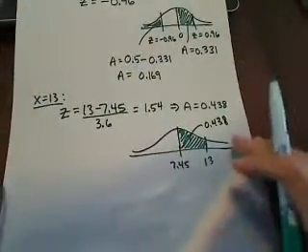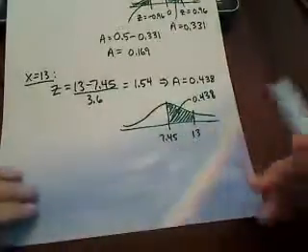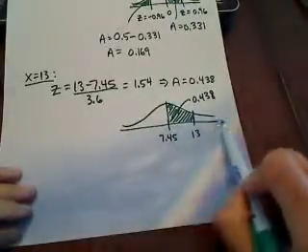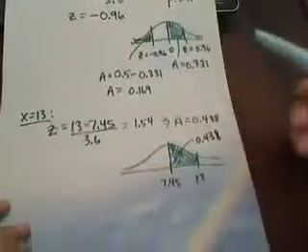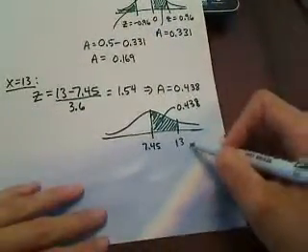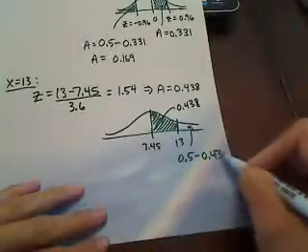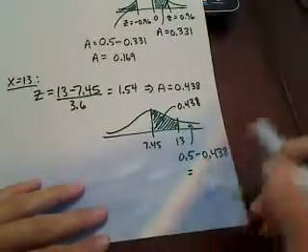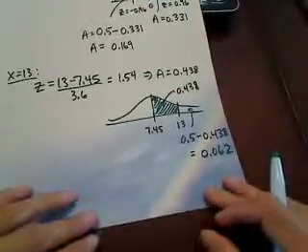So again, we're going to have to subtract the 0.438 from 0.5, and that's because half of the values are going to occur above the mean, half are occurring below the mean. That's why I also used 0.5 up here. So this area right here is going to be 0.5 minus 0.438. And you'll get 0.062 on that one.